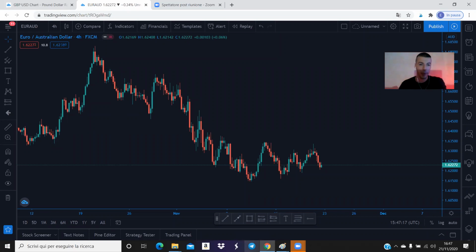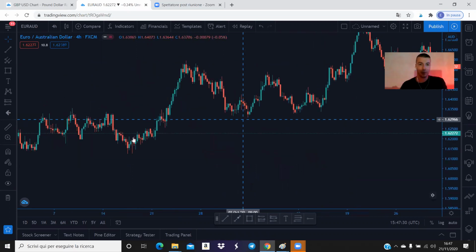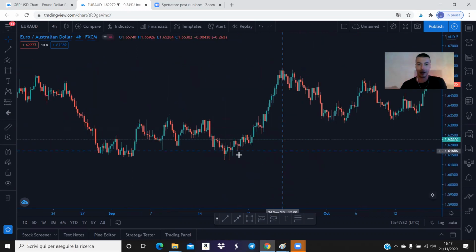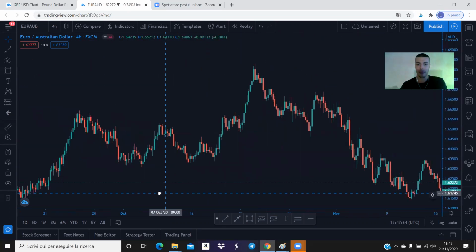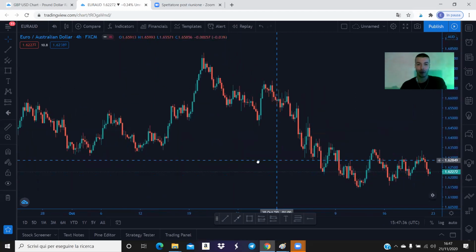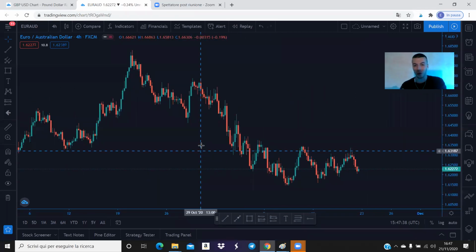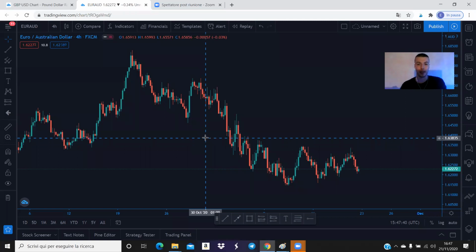So if we are bearish and therefore we are making lower lows and lower highs, then we are only looking for sells. Otherwise, if we are bullish and we are making higher highs and higher lows and we're going to the upside, we are only looking for buys. We are not going to trade against the trend ever. So this is the first rule about the supply and demand strategy.